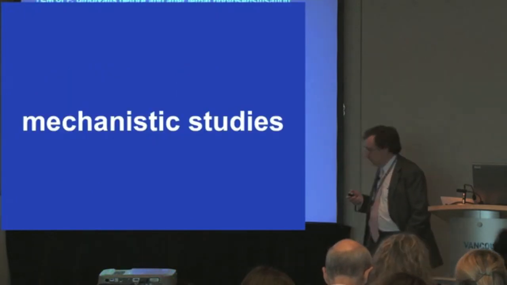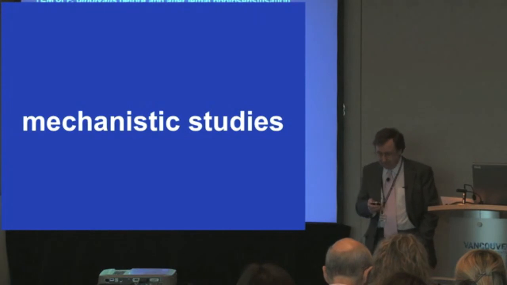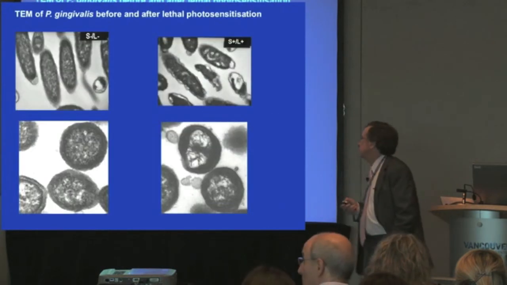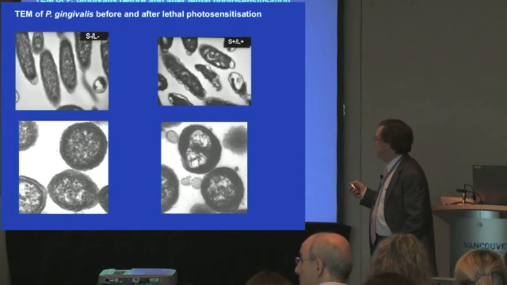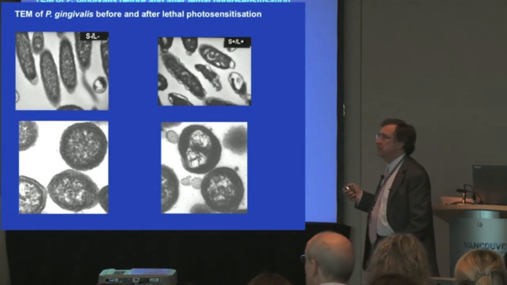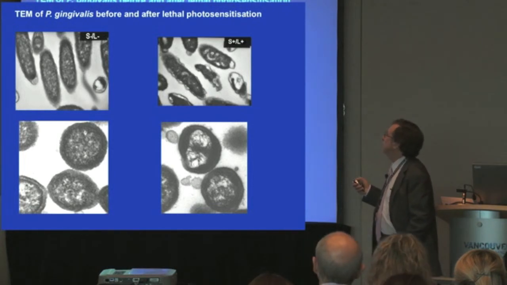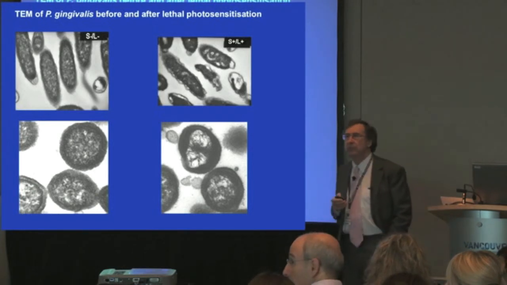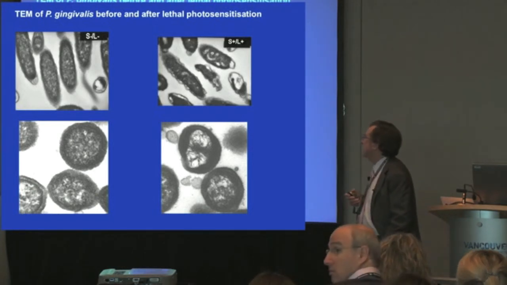We're obviously interested in the mechanism of kill, so I won't go into this to some extent. These are TEMs, transmission electron micrographs, of Porphyromonas gingivalis before and after lethal photosensitization with toluidine blue and laser light.